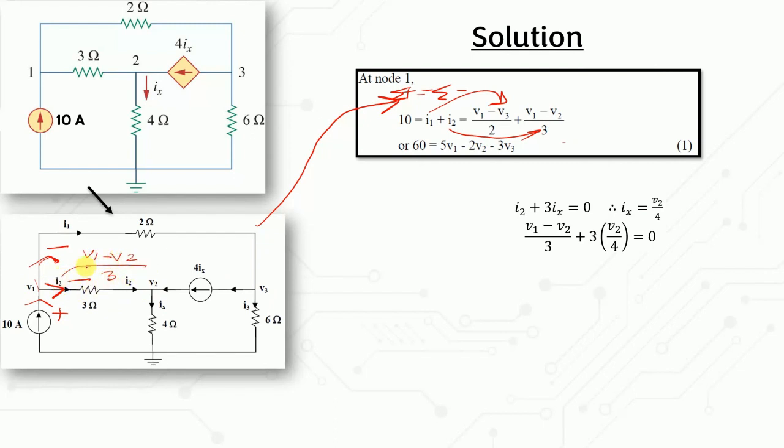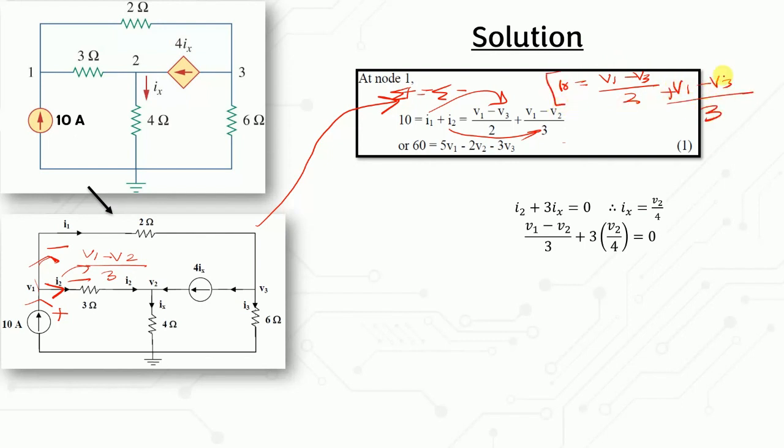So you have this equation: 10 equals V1 minus V3 over 2 plus V1 minus V2 over 3.